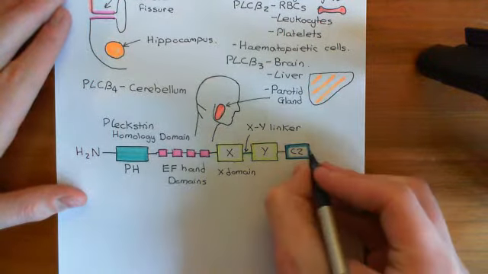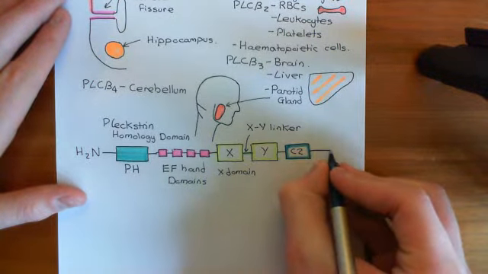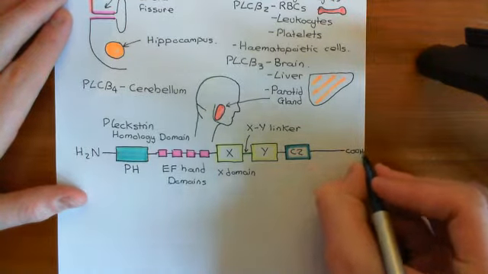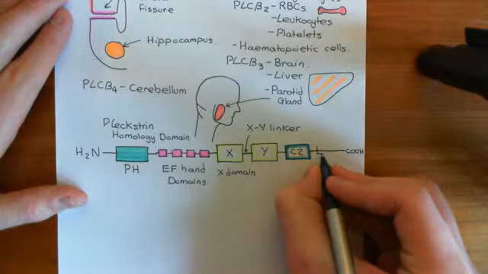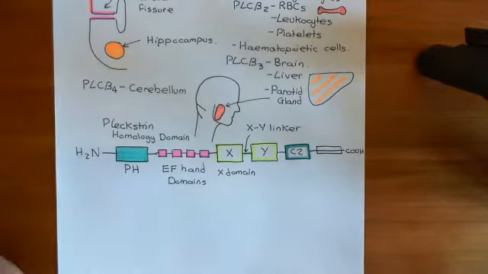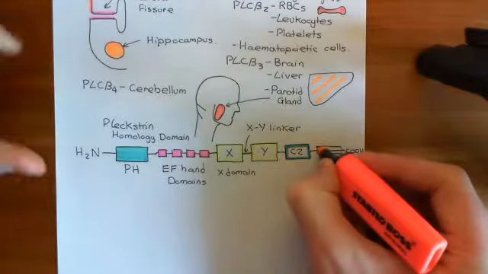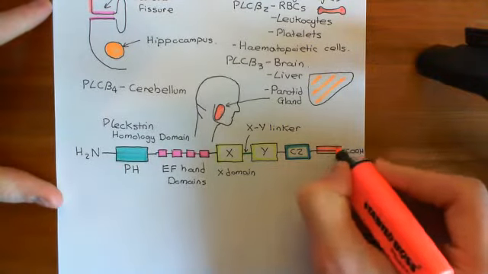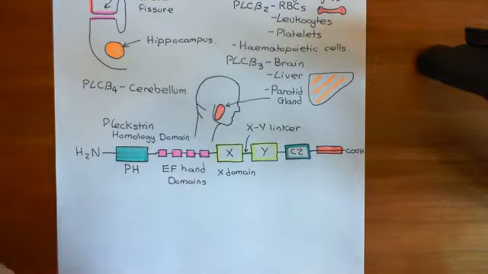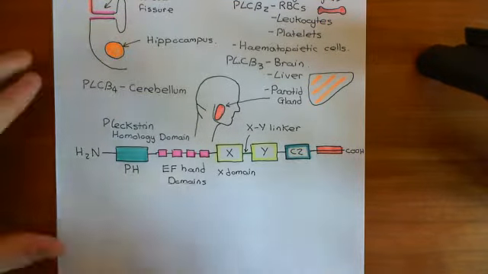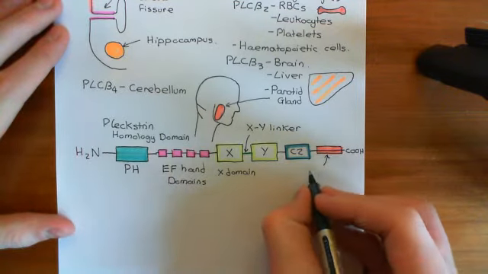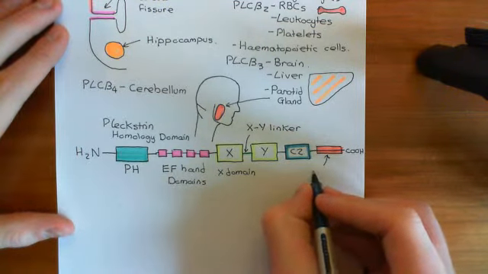Okay, now comes an extremely important domain, which isn't even going to get a box. In fact, I probably should give it something. Okay, I'll try to. Here, this box here. This is known as the C-terminal domain, and this is going to be really important both in the interaction with the alpha Q/11 subunits of heterotrimeric G proteins, and also with regards to binding to the underside of the phospholipid bilayer.